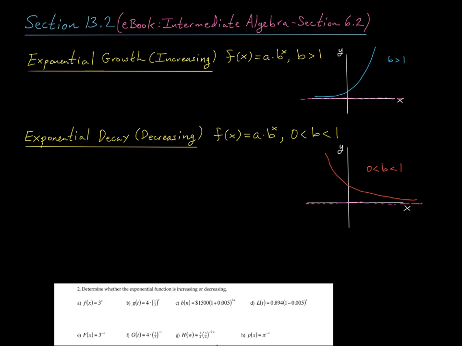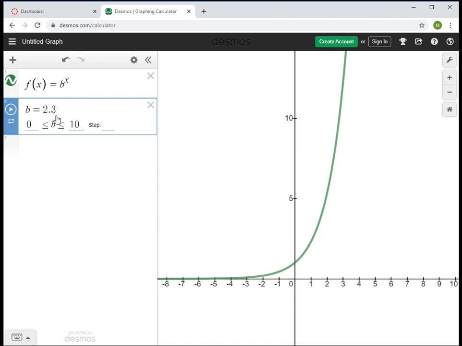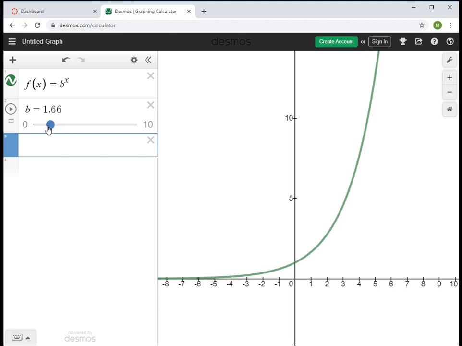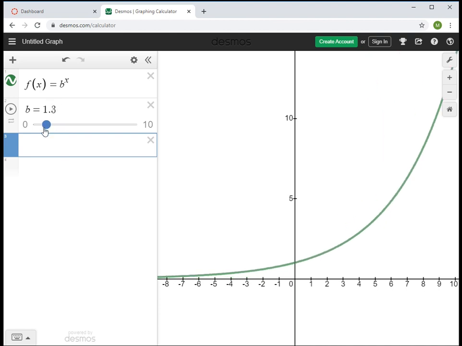Okay, so here is a picture of our graph f of x equals b to the x, and I can go ahead and slide b around. So right now b is 2.3, and since that's larger than 1, I see this increasing exponential shape like this. And as I make b larger, it's just going to get steeper and steeper. And notice now as I get close to 1, the graph levels out.